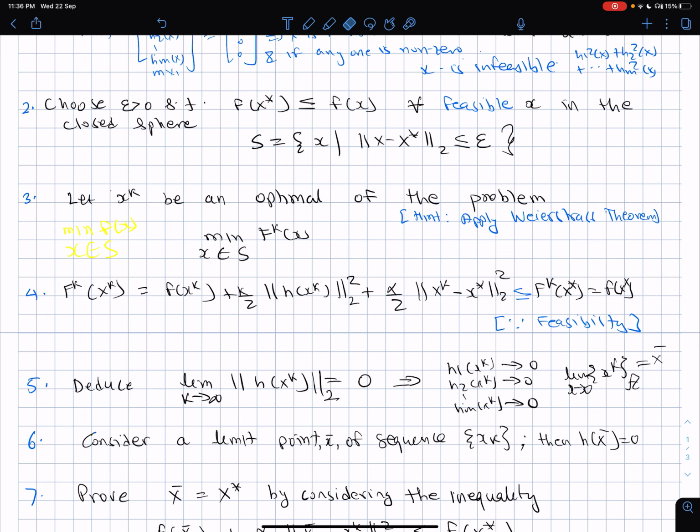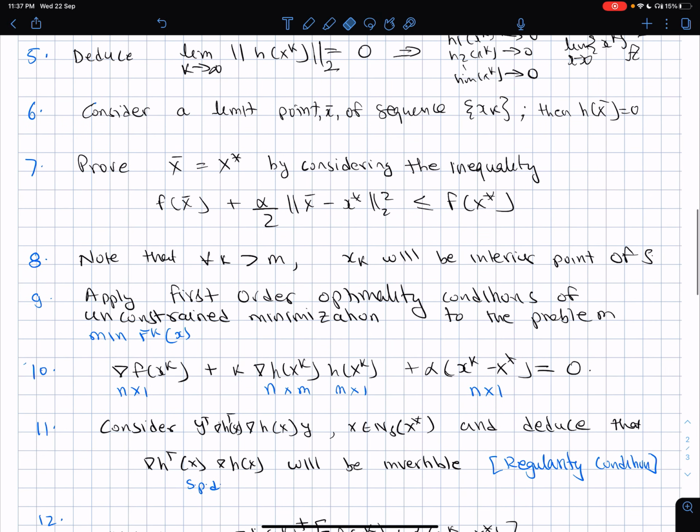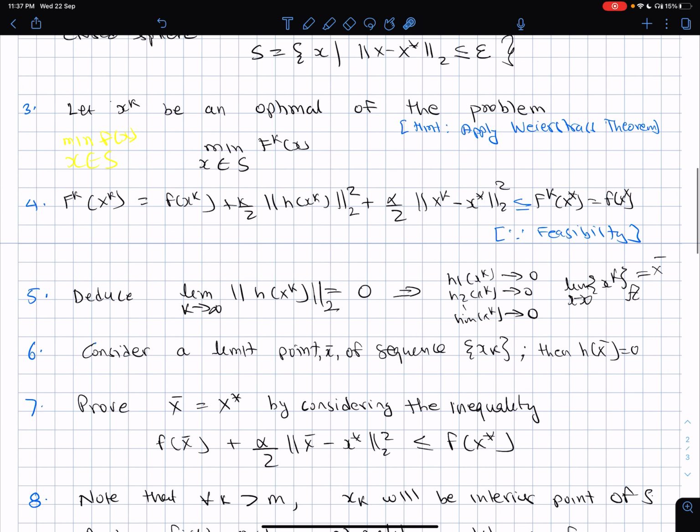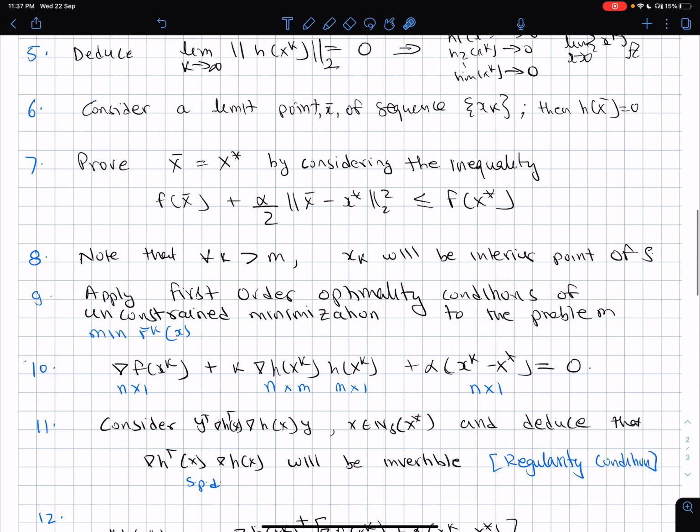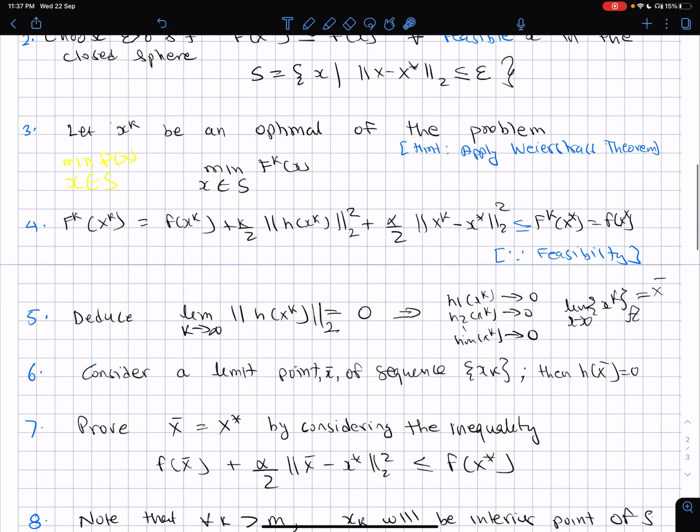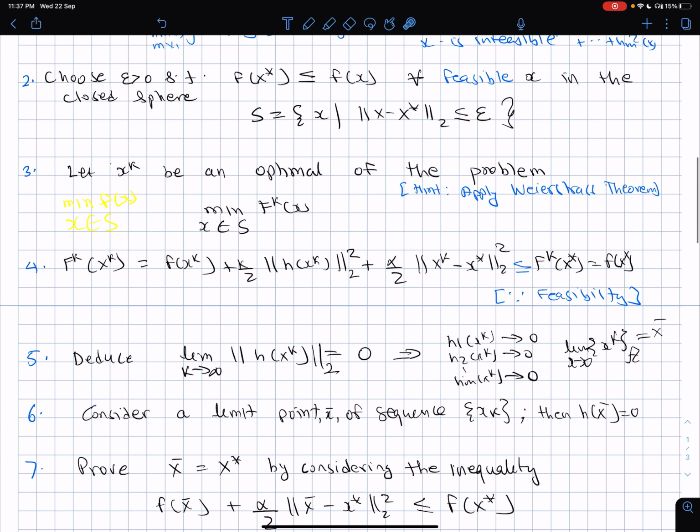All feasible neighborhoods are neighborhoods corresponding to the unconstrained minimization problem, and hence the first order optimality conditions of unconstrained minimization will now apply to this minimize fk of xk, and I have dropped this particular constraint.